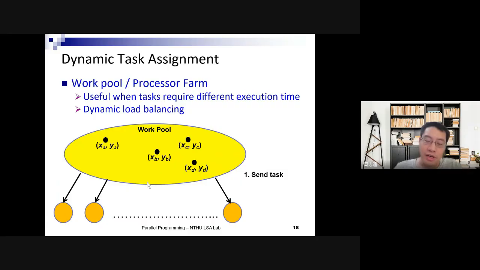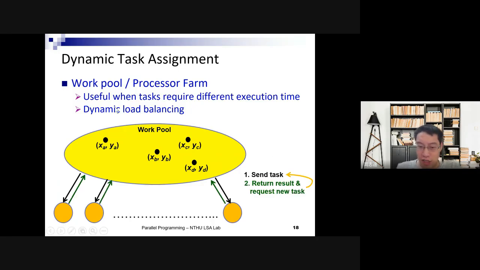Whoever completes their previously assigned task first asks for the next task first. So like first come, first served. So in dynamic load balancing, the scheduling decision, or the scheduling point event, is driven and triggered by the slave processes.